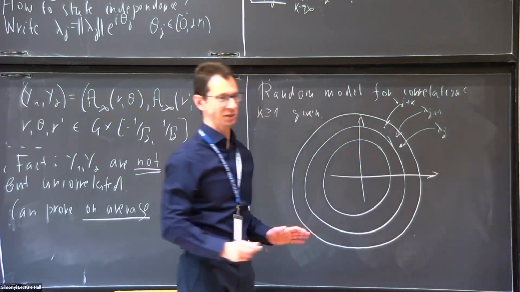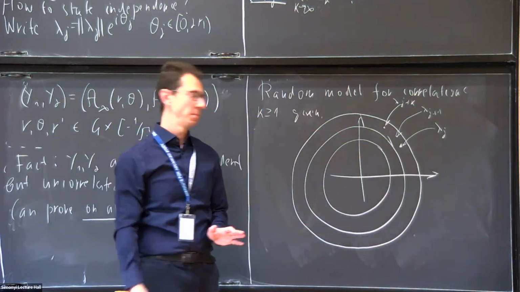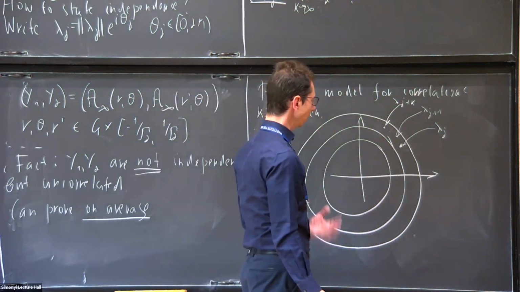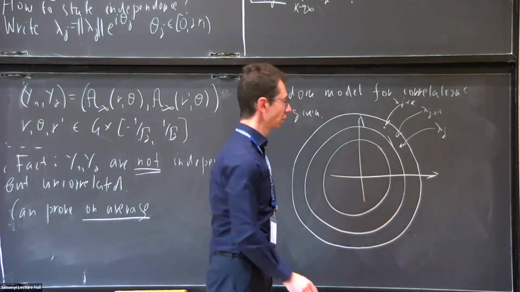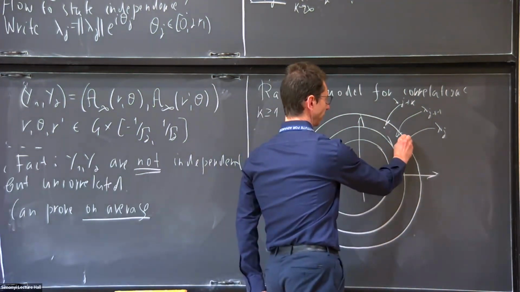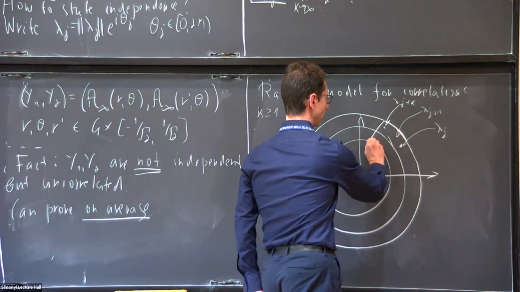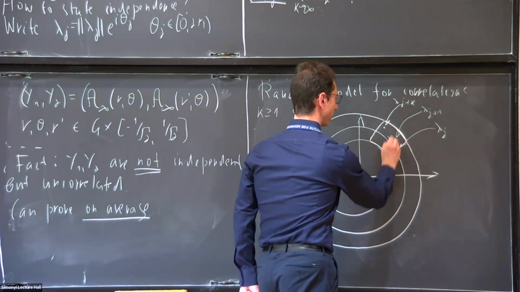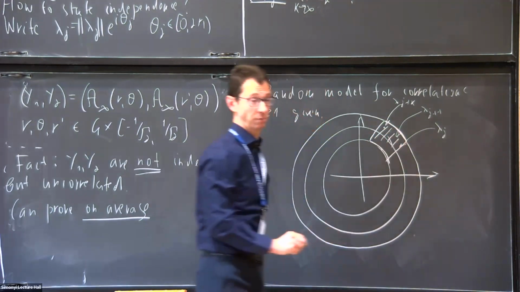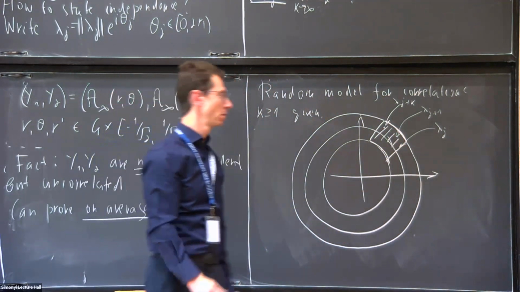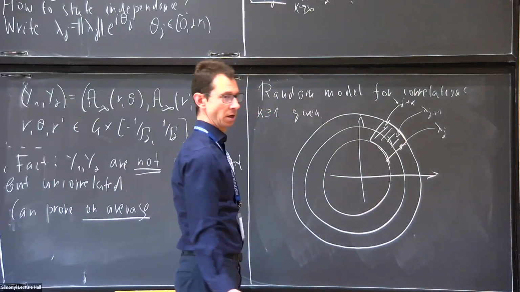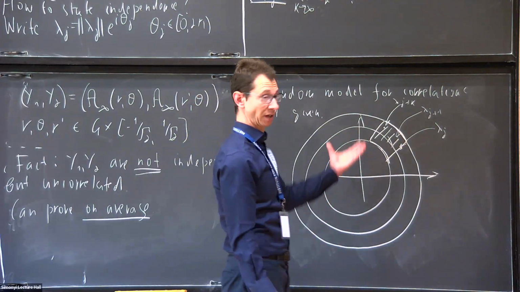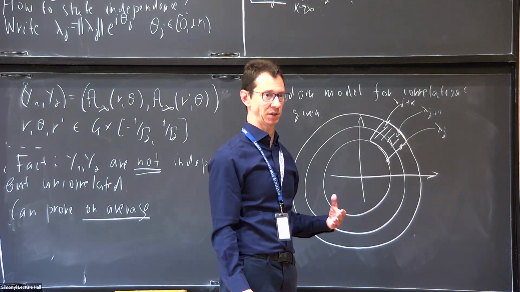Now this picture is again a little bit misleading because really R is very large. So this area looks very much like a rectangle. Okay, so this is lambda j. So what we do is we are going to really think about it as a rectangle, and we are going to translate it to the origin.